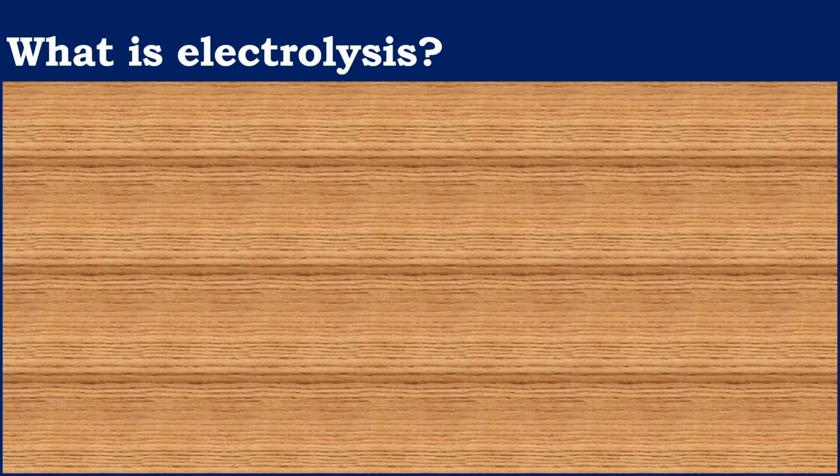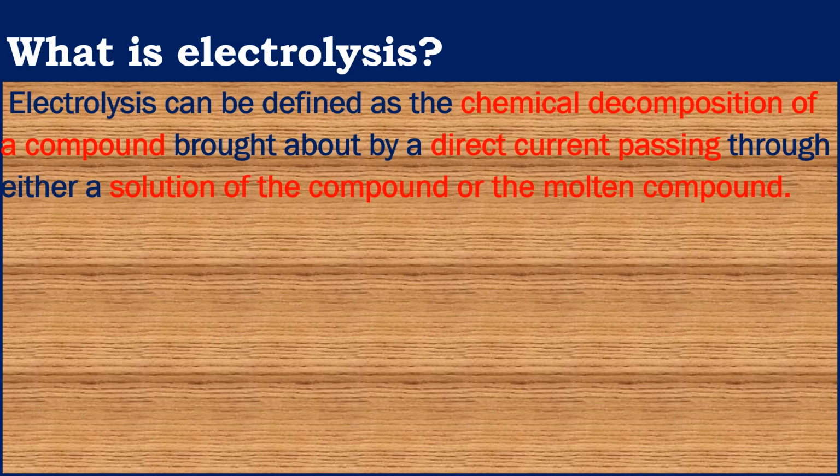So what is electrolysis? Of course, I have two definitions to give. The first one, define electrolysis as the chemical decomposition of a compound brought about by a direct current passing through either a solution of the compound or the molten compound.